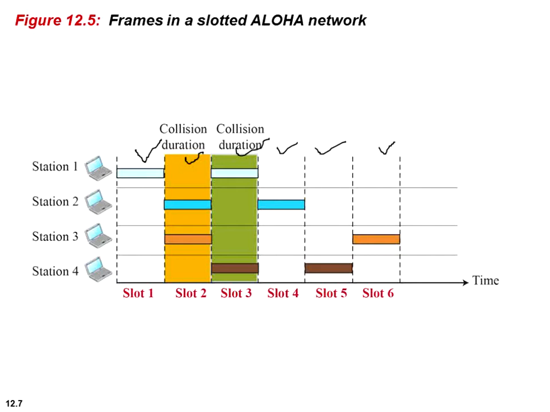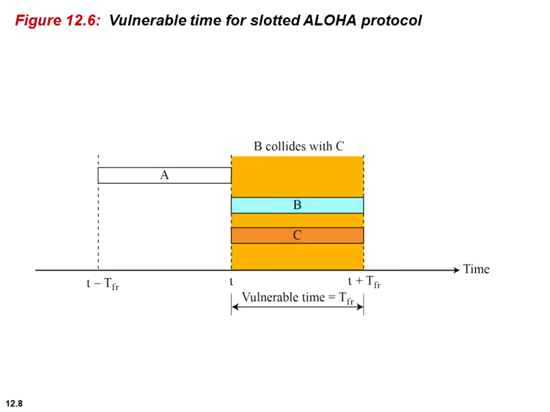This means that the station which started at the beginning of the slot has already finished sending its frame. There is still the possibility of collision if two stations try to send at the beginning of the same time slot, but the vulnerable time is now reduced to 1/2, which is equal to TFR.